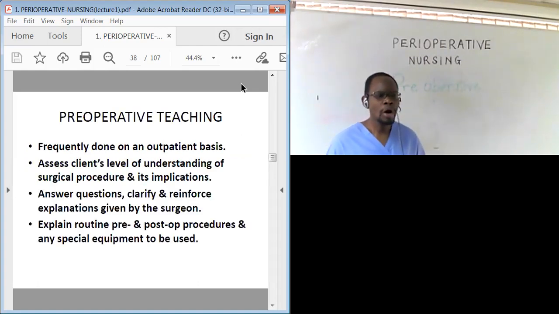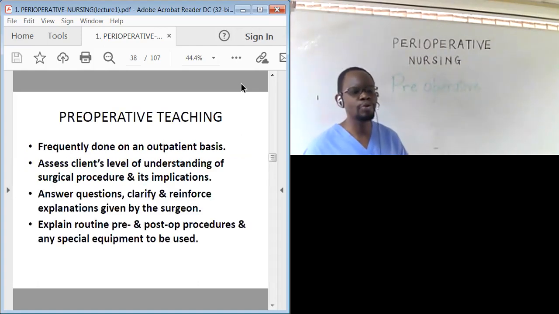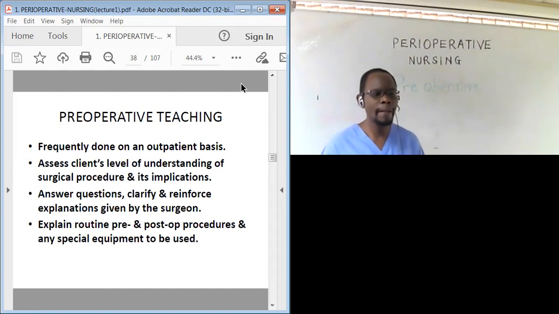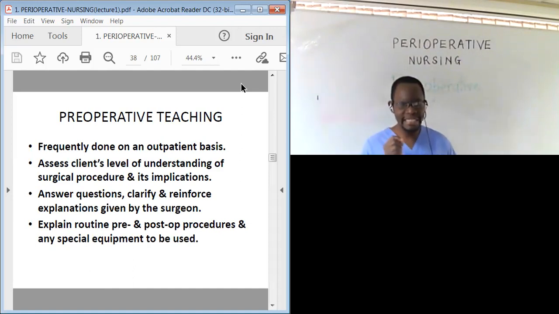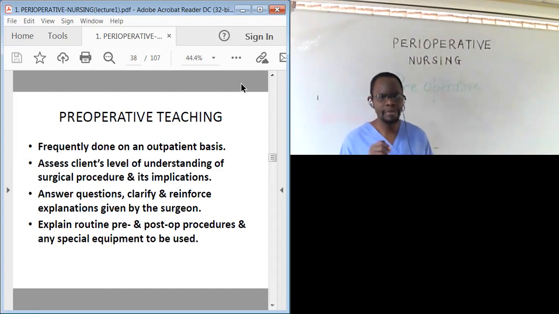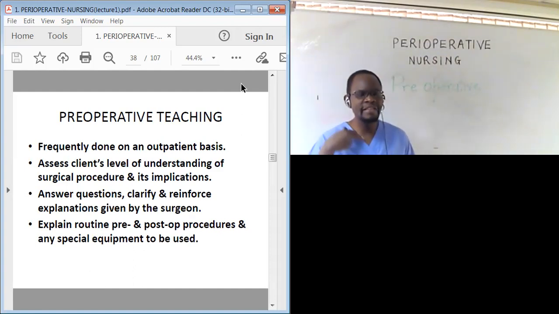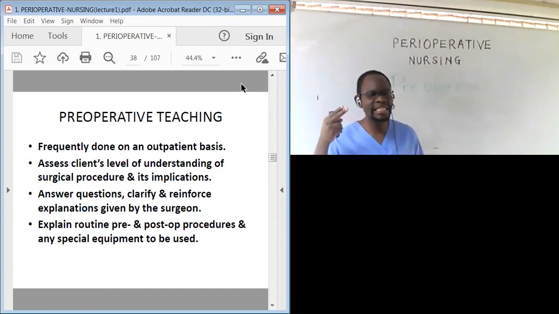All right. So what do we do as far as preoperative teaching is concerned? Frequently, in most cases, it is done on an outpatient basis. From the time a decision is made to have surgery, the client is given certain types of teaching.